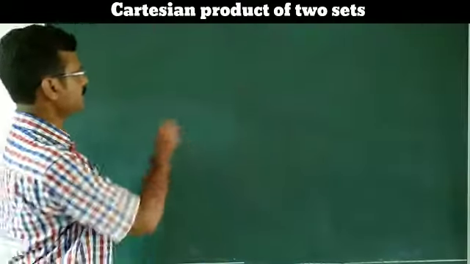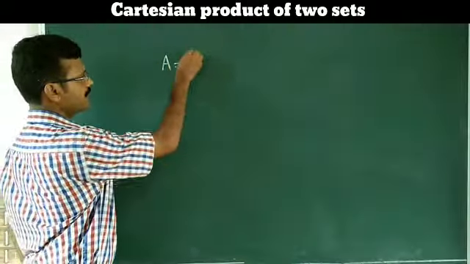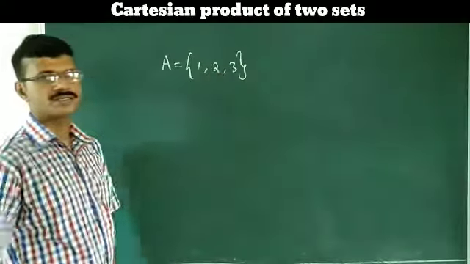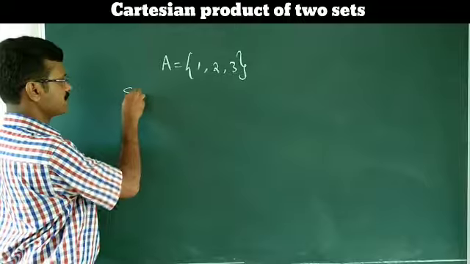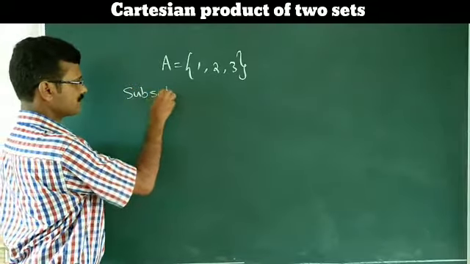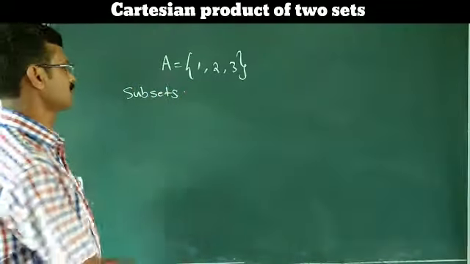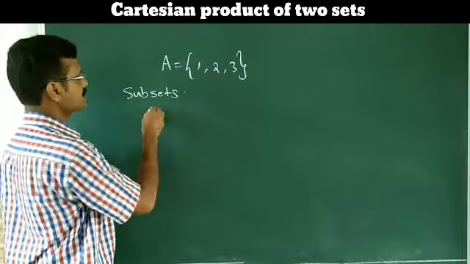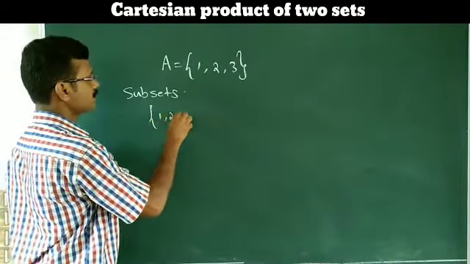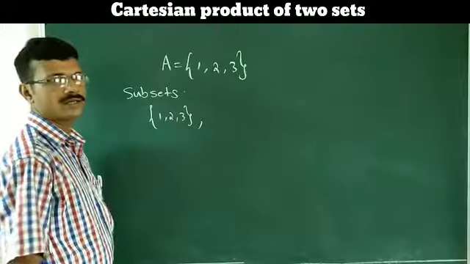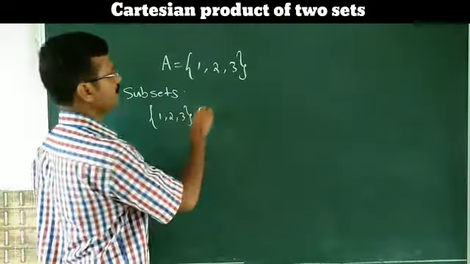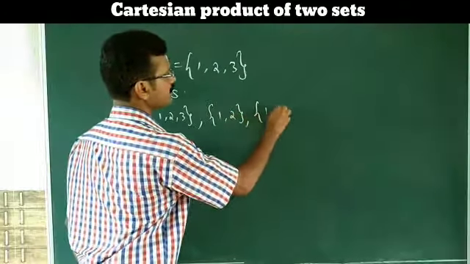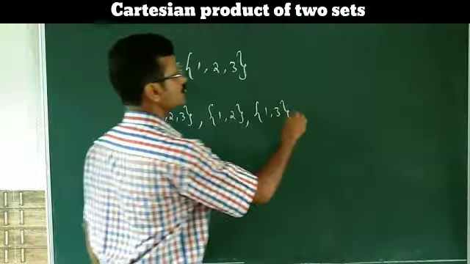See, I will consider an example. Let us say A is given as 1, 2, 3. What are the subsets of this? First, I am taking all the elements at a stretch, that is the first subset 1, 2, 3. Now I am taking 2 elements at a time, like this: 1, 2, 1, 3, 2, 3.